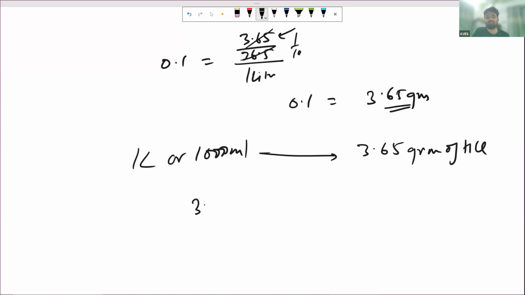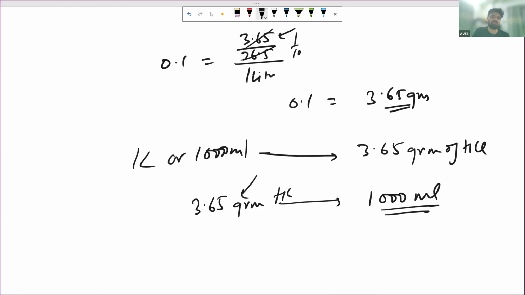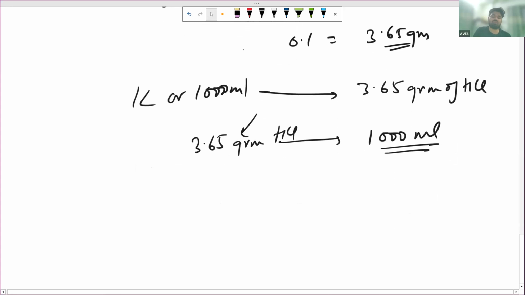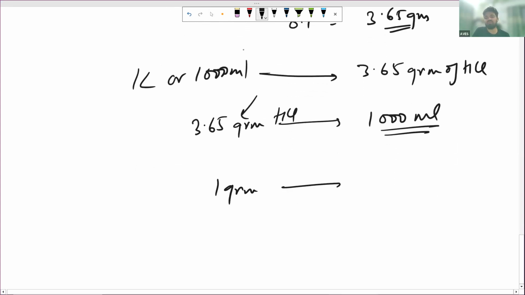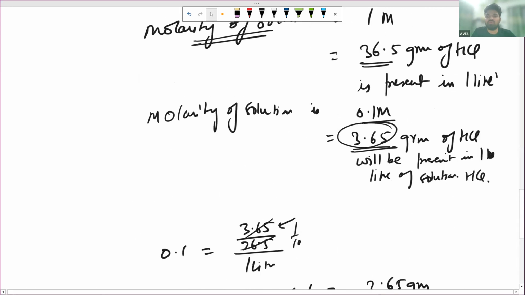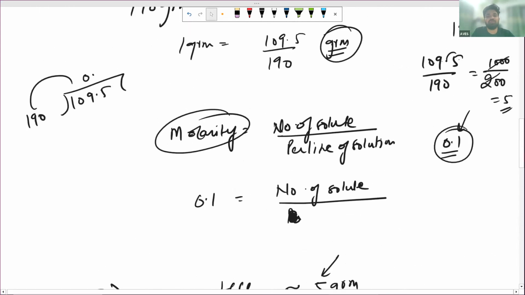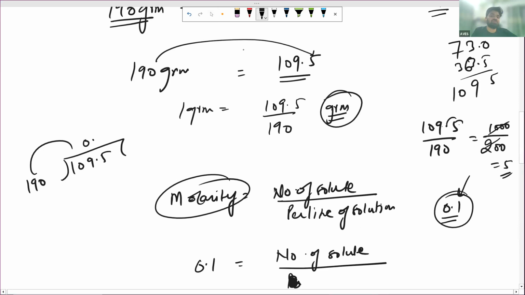So 3.65 gram of HCl is present in 1000 ml, so 1 gram of HCl will be present in 1000 divided by 3.65. Got it? Now you can do the actual calculation with the help of a calculator. Do it, please.